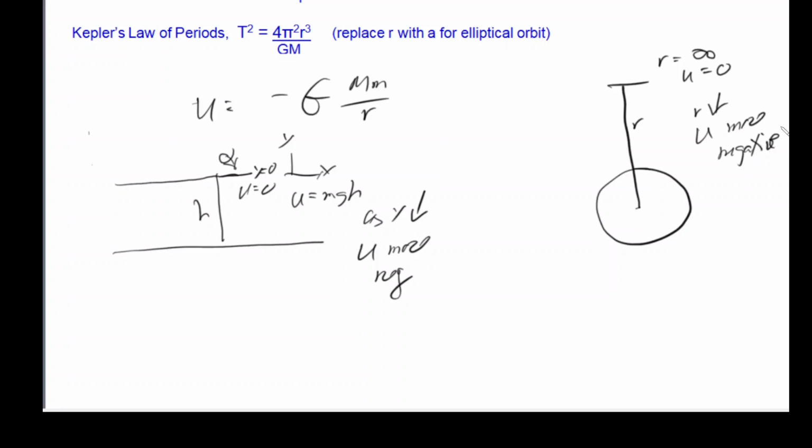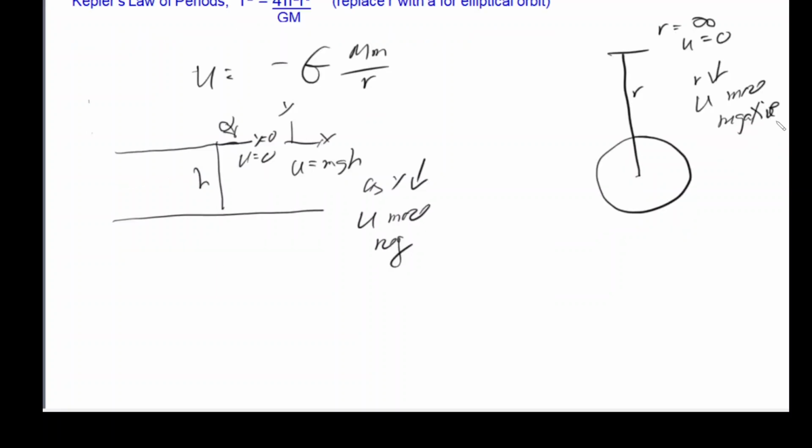So it's the same as throwing a ball off a roof. Depending upon where we choose our reference point of y equals 0 or r equals 0 or infinity, where our potential energy starts out as 0, that will determine what direction the potential energy becomes more negative.